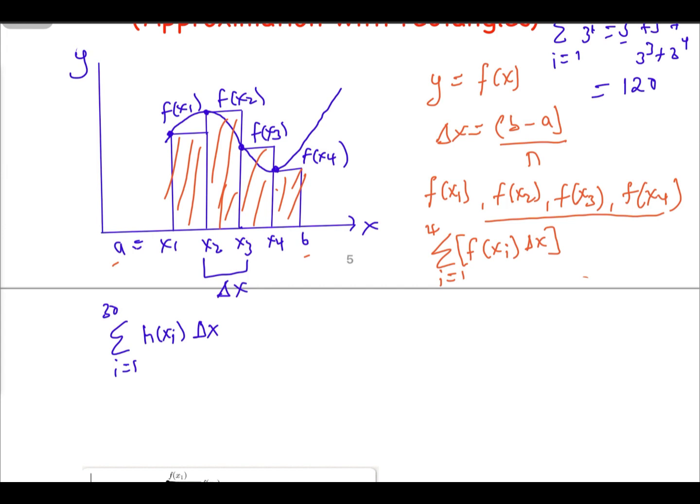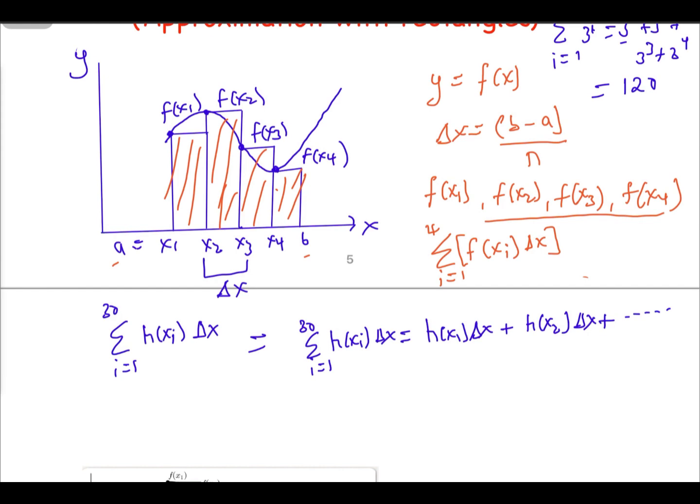So with this, sigma I equal to 1 to 30 of f(x_I) change in x is equal to f(x1) change in x plus f(x2) change in x plus, up to the 30th term, right?